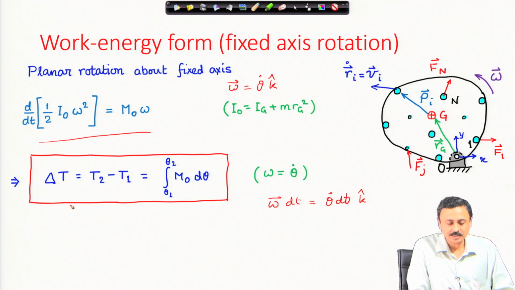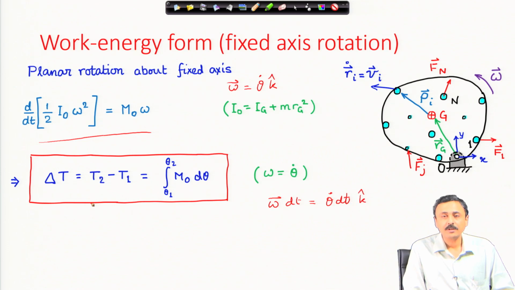Now, this is the net change in the kinetic energy, which can be written as the kinetic energy calculated about the hinged point. So, the change in kinetic energy of the body is equal to the net moment about the hinge point. This is the work done because of the moment about the hinge point.